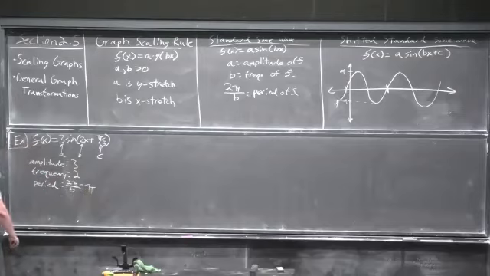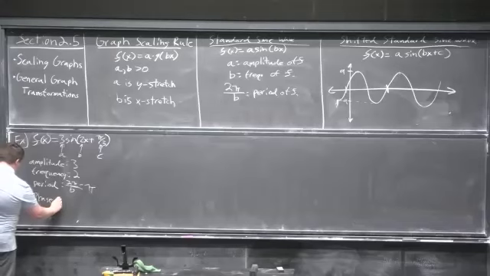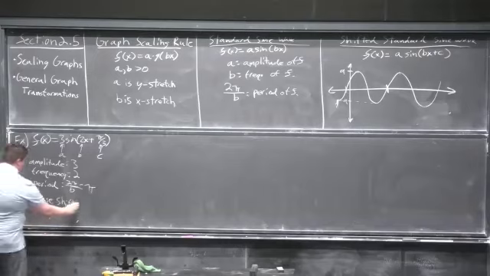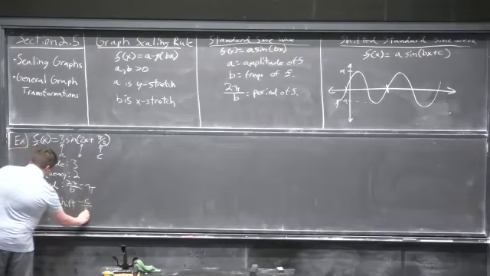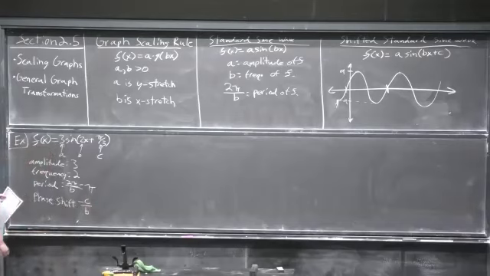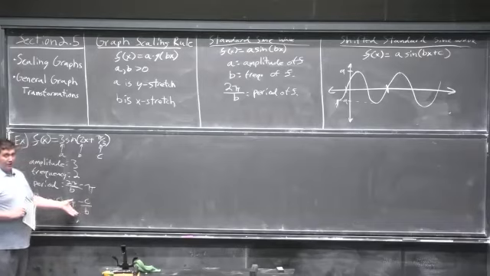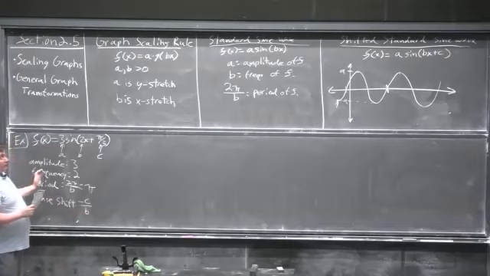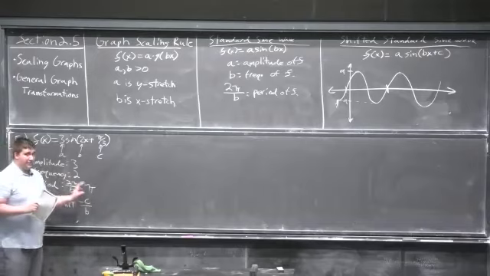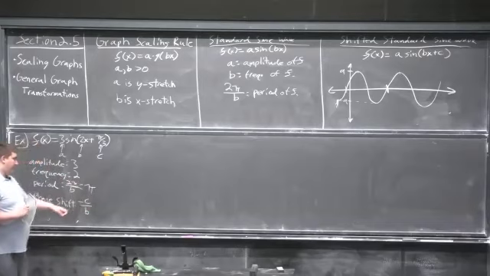And so now our phase shift is negative C over B. And something to note, if this is a positive term, then it is shifted to the right, and if it's a negative term, then it is shifted to the left. That's why we include this negative here.